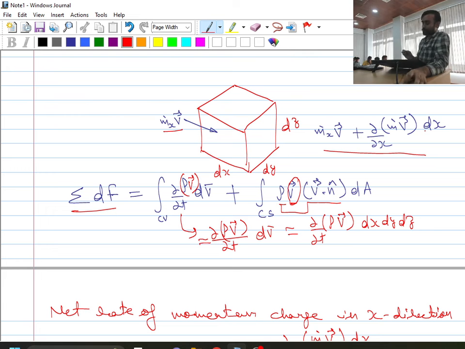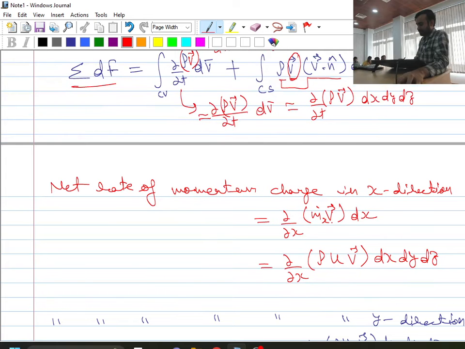If you do rightward momentum minus leftward momentum in the x direction, you will find ∂/∂x of ṁx V vector dx, and ṁx is equal to ρu times area. For the x direction, the area is dy dz and it is independent of ∂/∂x, so I have directly taken it out. Fine. Up to this point, is it clear to all?